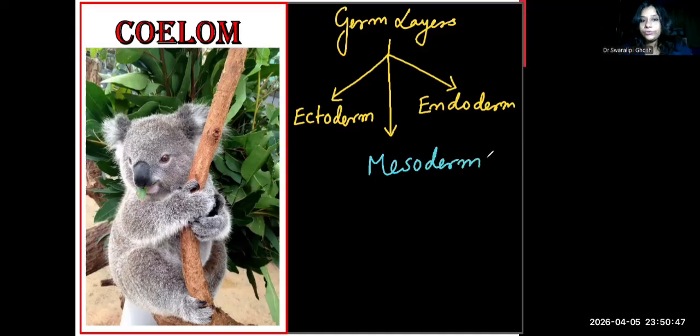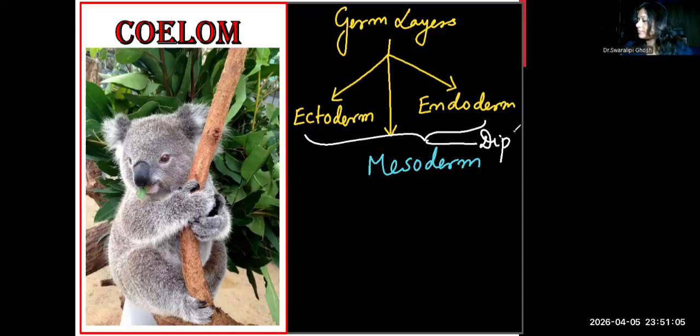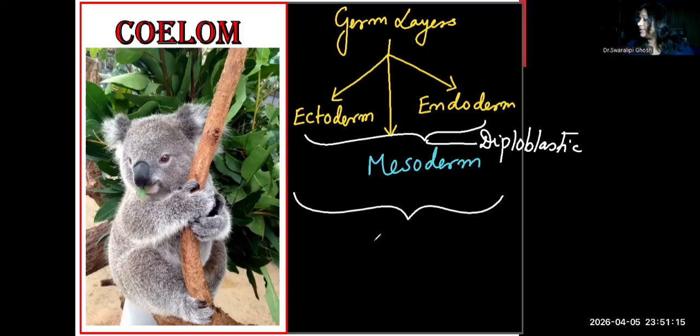Now, as I've told you, mesoderm is not present in all, right? Suppose we have only the ectoderm and the endoderm, then we will call it a diploblastic animal. And if all the three germ layers are present, then we will call it triploblastic.